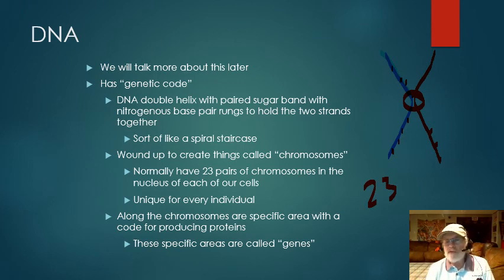And in fact, what we find is that a lot of the diseases that we have, when they look at that, they realize that a lot of these diseases have a relationship to an abnormal protein, like muscular dystrophy. In muscular dystrophy, there's a certain protein that should be made in one of the chromosomes, the 23rd pair of chromosomes, on the Y chromosome, because it only occurs in males.